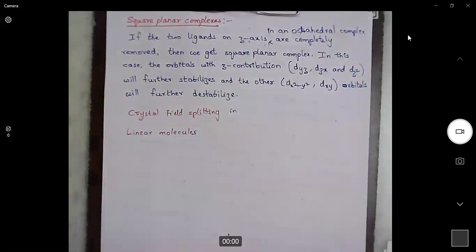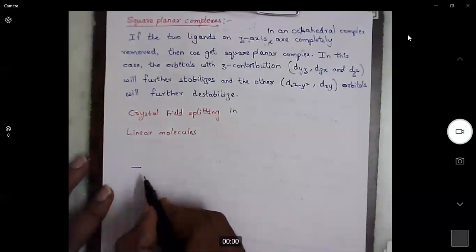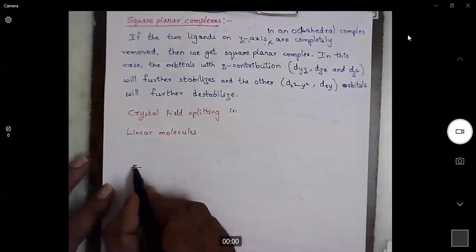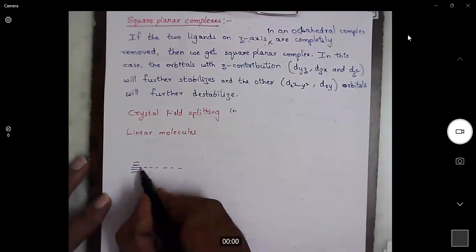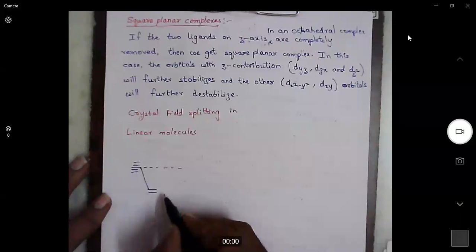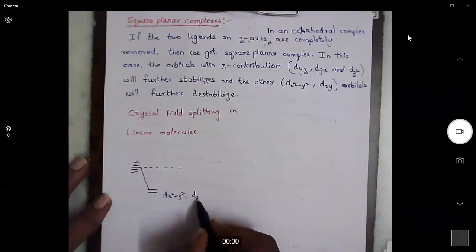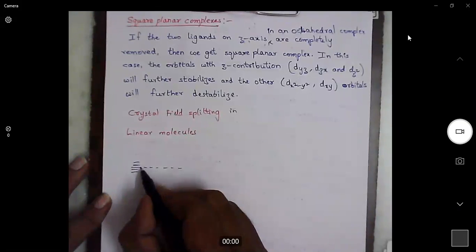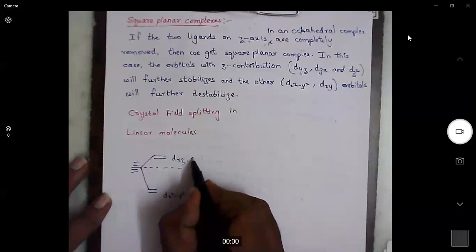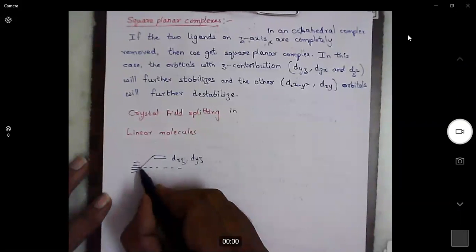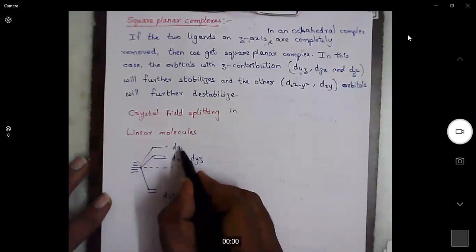In linear molecules, crystal field splitting will be, see for example, these are 5d orbitals, and this is the mean energy level. Then two orbitals dx square y square and dxy are stabilized. dxz, dyz, and this is dz square.